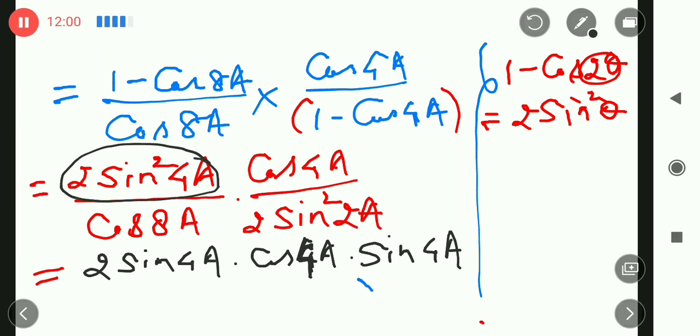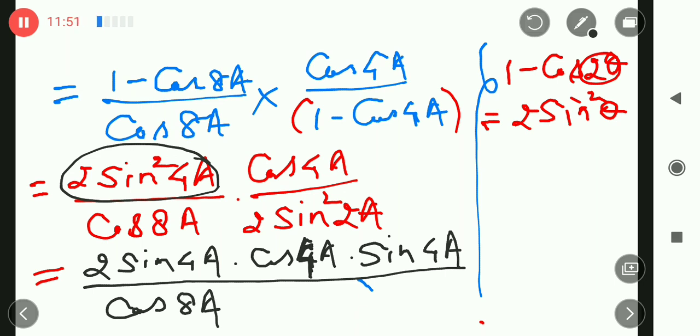Okay, so sin 4a and sin 4a, and the whole is divided by cos 8a into 2 sin square 2a.